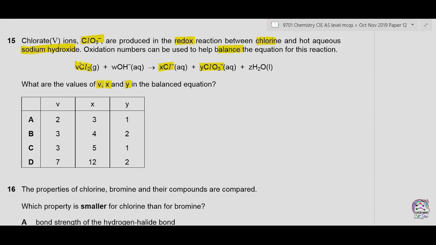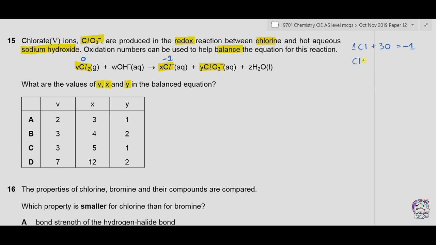Let's first find out the oxidation state. Cl2 is in the molecular form, so therefore the oxidation state is 0. In Cl negative it is given as -1. In ClO3 it will be like this. We have 1 Cl and 3 oxygen atoms, and the overall charge is -1.